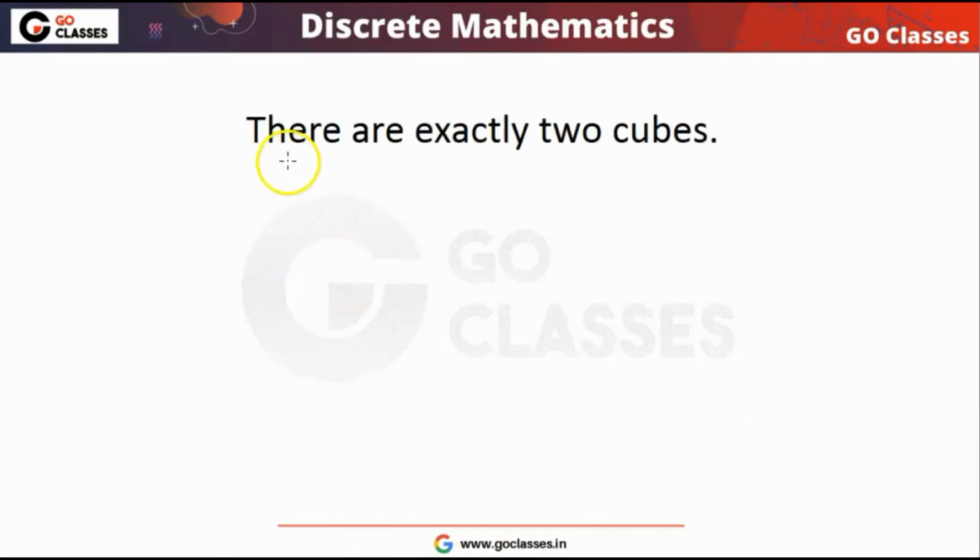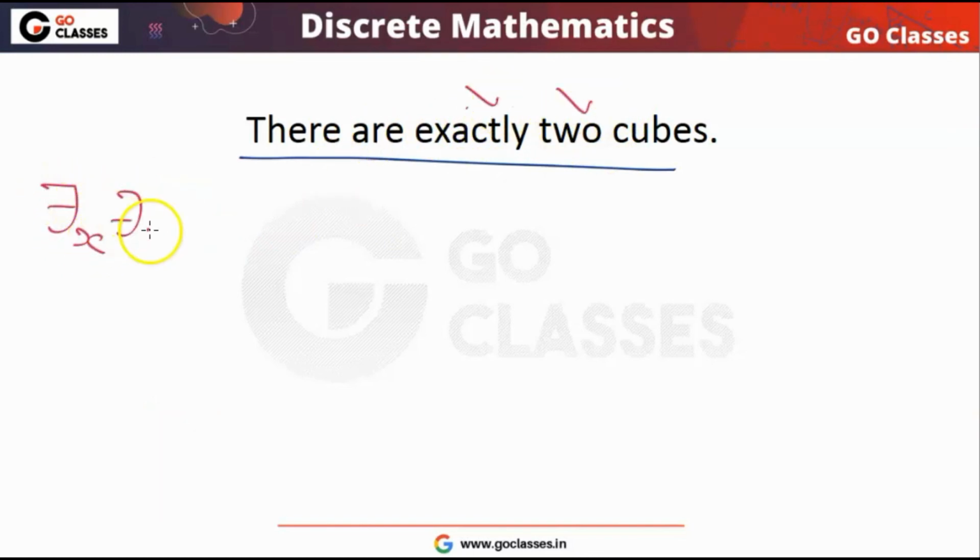Let's see the next. There are exactly two cubes. So how can you write? Exactly two cubes means not more than two, not less than two. So first of all, there must be at least two cubes. There exists x, there exists y, such that x is not equal to y.